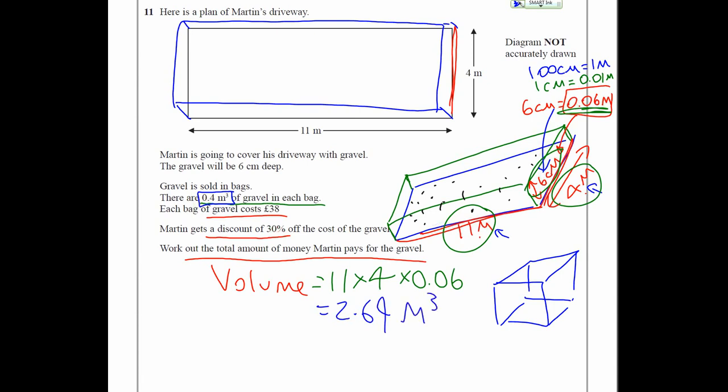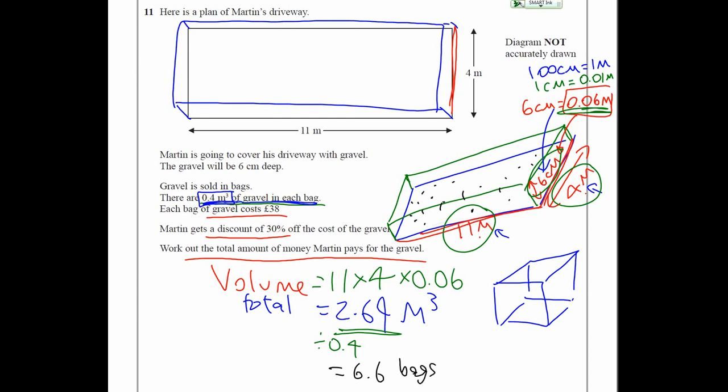That's the total we need. Each 0.4 is a bag. So we want to know how many bags go into 2.64. So we're going to see how many go in by dividing. So 2.64 on your calculator divided by 0.4 gives you 6.6 bags.